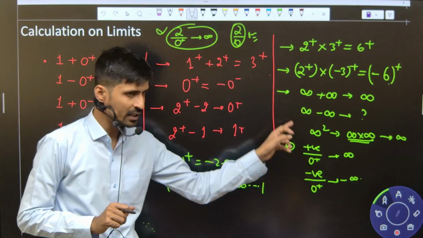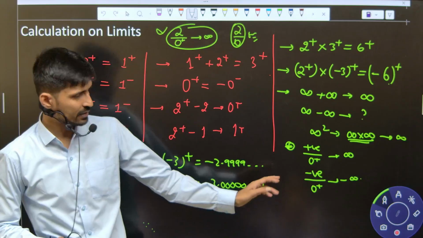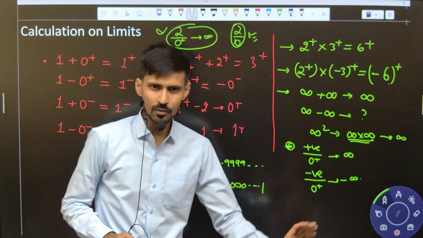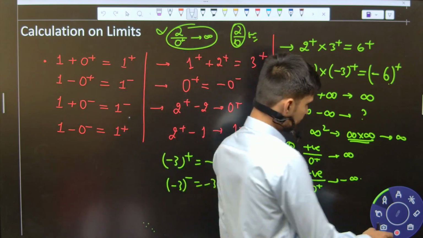Same thing I am saying. Any positive number, here the positive number is 2. 2 by 0 plus will be infinity, and a negative number by 0 plus will be minus infinity. Okay na? Same thing.